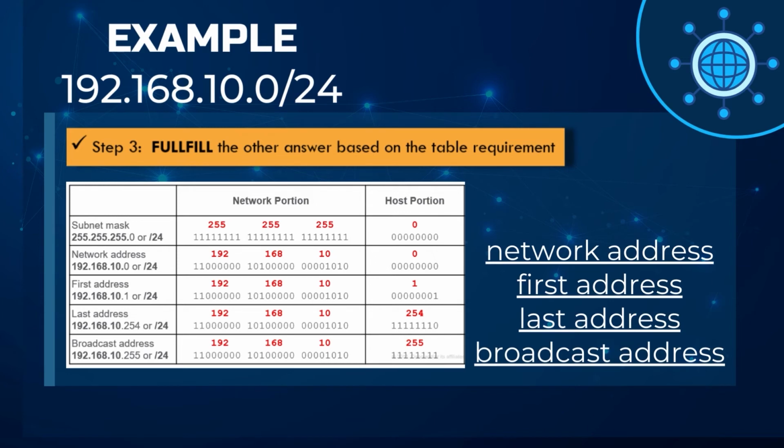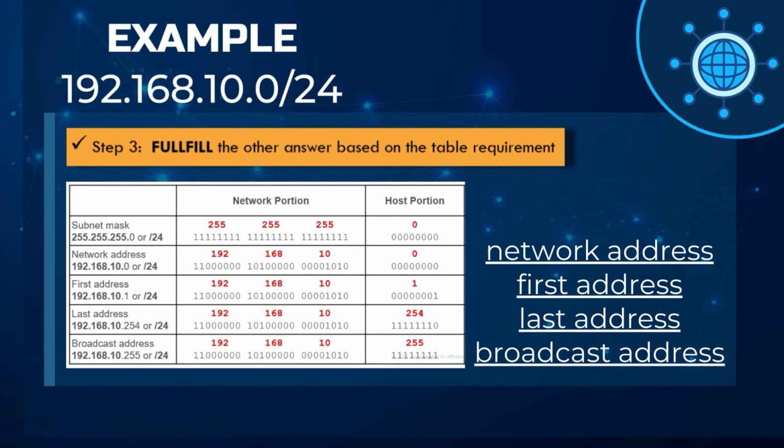For step number 3, the last step, you need to fill in the answer based on the table requirement. You already have the network address and the broadcast address, which means you have a front guard and a back guard. In order to find the first available IP address, you add 1 to the network address, which gives you 192.168.10.1.